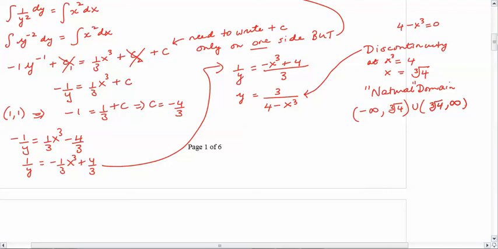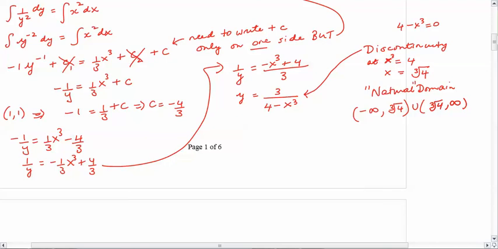But remember that y is not just a function that comes out of thin air, it's a solution to a differential equation, so I have to restrict my domain to the branch that contains the given point.